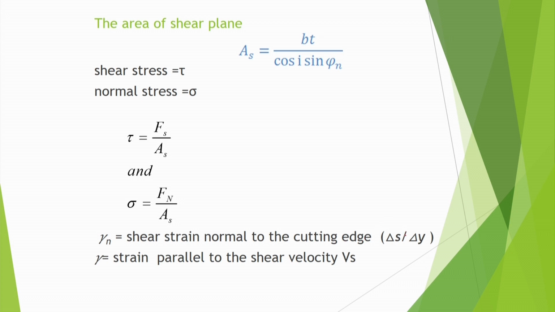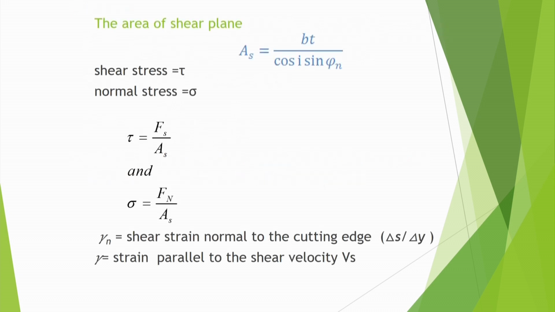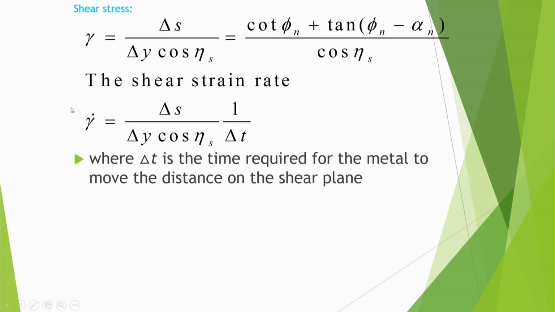That is basically delta S by delta Y, as we have done in orthogonal cutting, and gamma is the strain parallel to the shear velocity Vs. So gamma is delta S by delta Y cos eta S. Gamma n is the shear strain normal to the cutting edge, but this is the strain parallel to the shear velocity, so both are related by this type of relation.